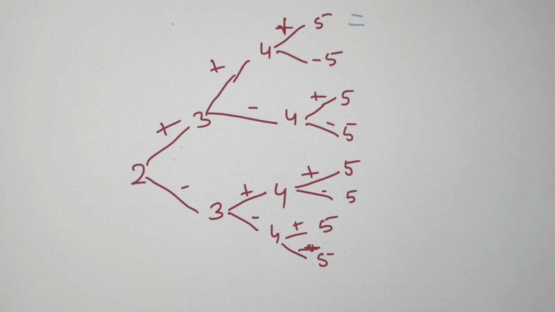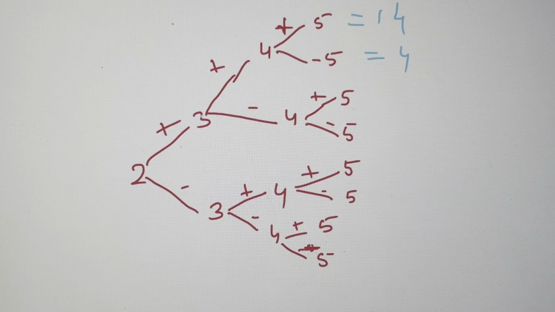So 2 plus 3 is 5. 5 plus 4 is 9. 9 plus 5 is 14. Okay. So the first answer is 14. So that's an even number, but let us not be in a hurry. Now 2 plus 3 plus 4, which is 5 plus 4, 9. And then it is minus 5. So 9 minus 5 is 4. So this is the second answer.